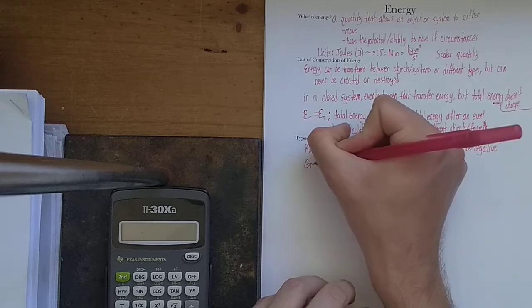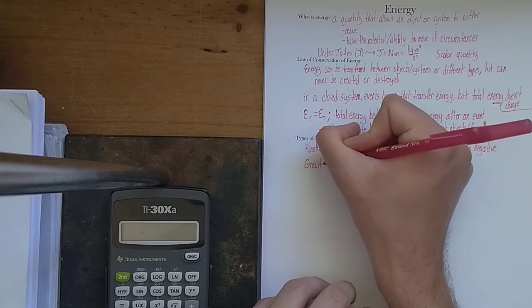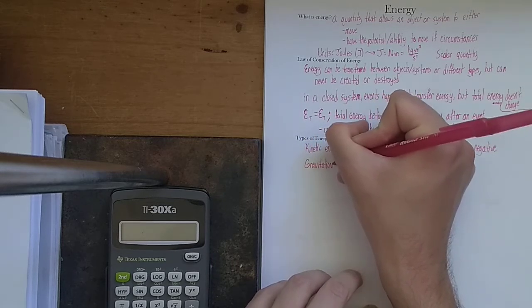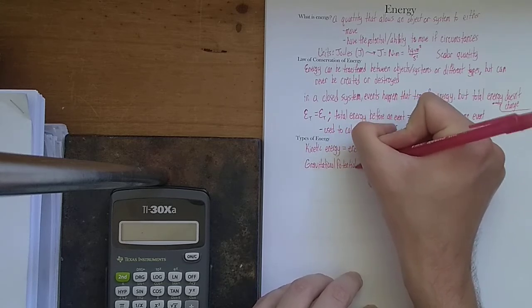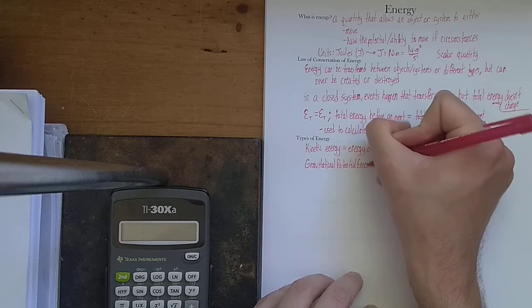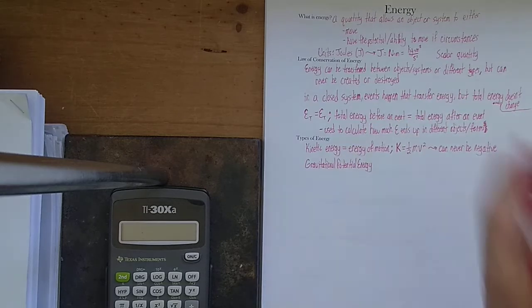We also have gravitational potential energy. And it is important to say gravitational potential energy because, as you know, there are two types of potential energy that we will talk about.